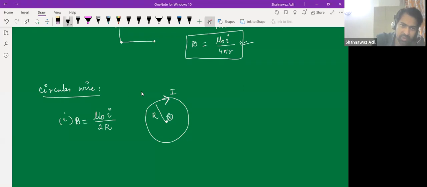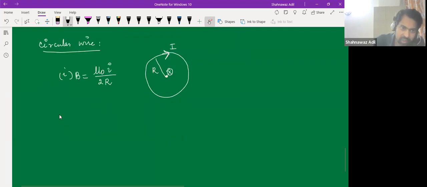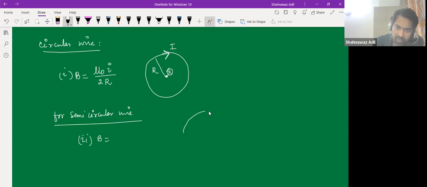And for a semicircular wire, how much is the magnetic field? For this one, the magnetic field at this point is cross, and this is mu naught I by 4r, right? How do we calculate that?